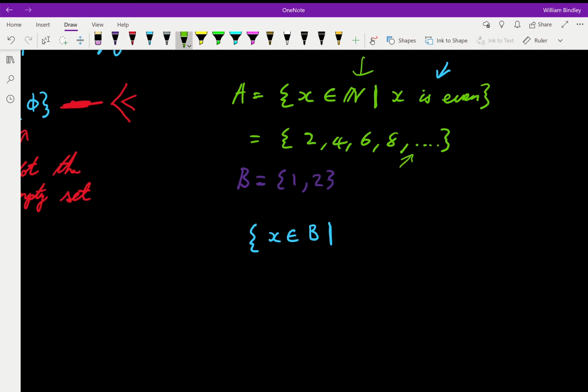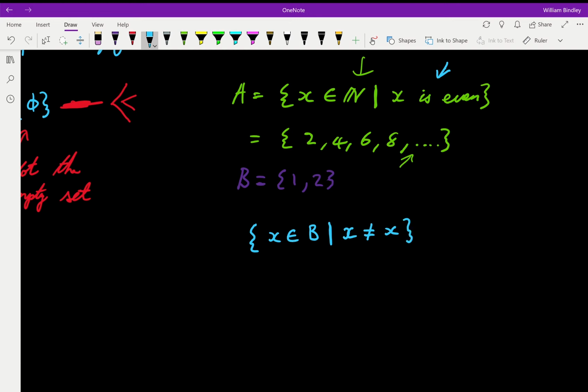We want it to be a club that doesn't have any people in it. So the kind of property we have to use is a contradictory property, a property that just cannot be satisfied. There are many contradictory properties we could choose, but this is a rather simple and nice one that will do the job, such that x is not equal to x.